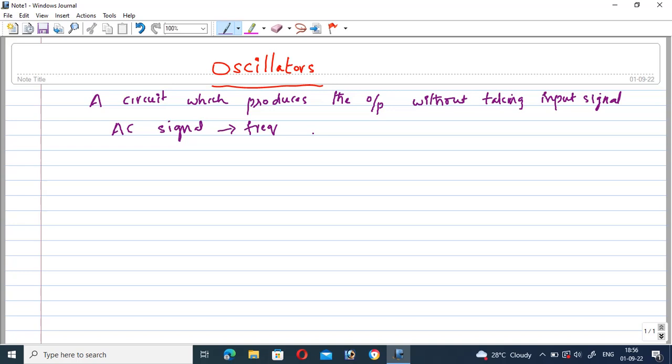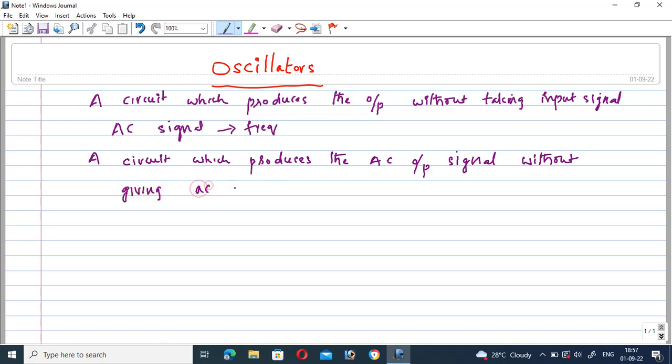So let us define it another way: a circuit which produces an AC output signal without giving any AC input signal.